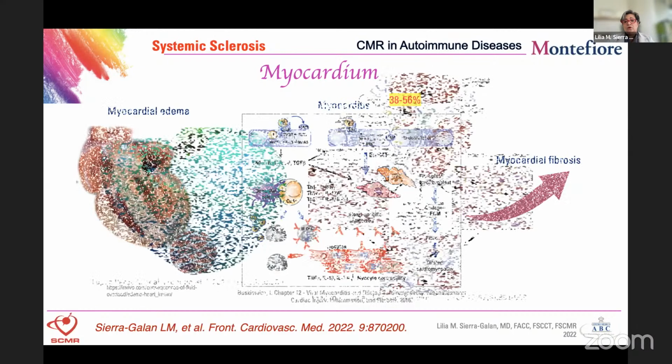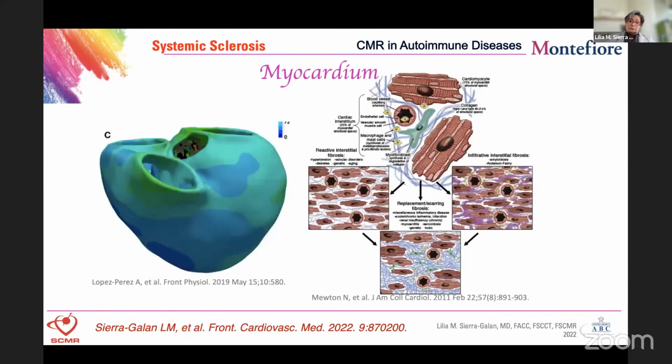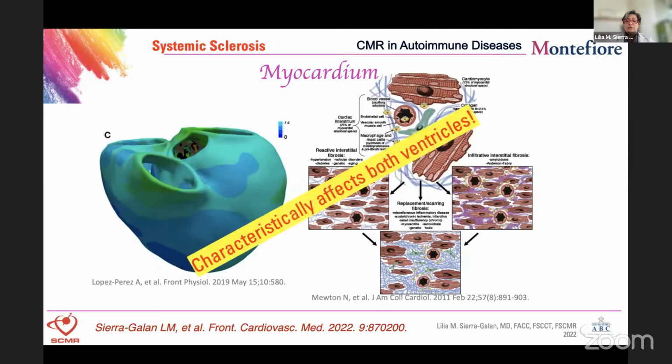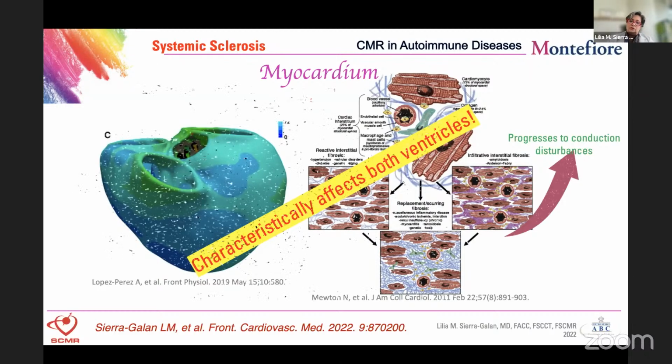produces myocardial fibrosis. And this myocardial fibrosis is going to affect the ventricular function, but also is going to produce other problems, and characteristically affects both ventricles, left and right. So we need to look for both. And this progresses and produces conduction disturbances.